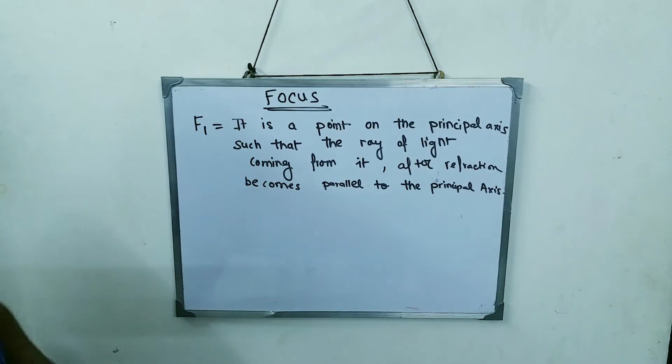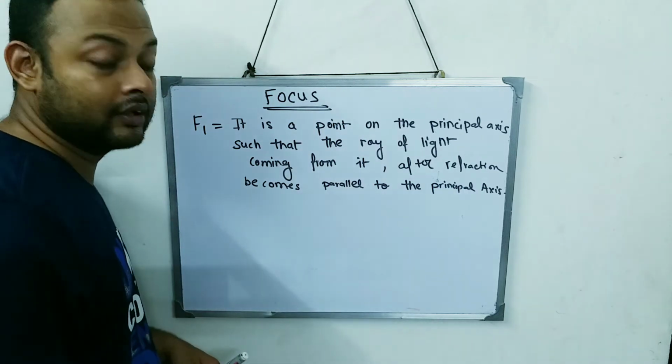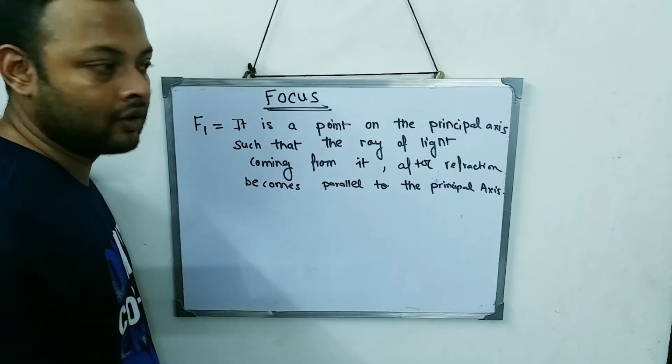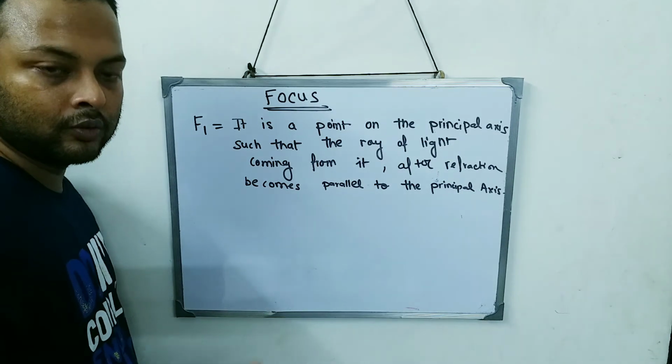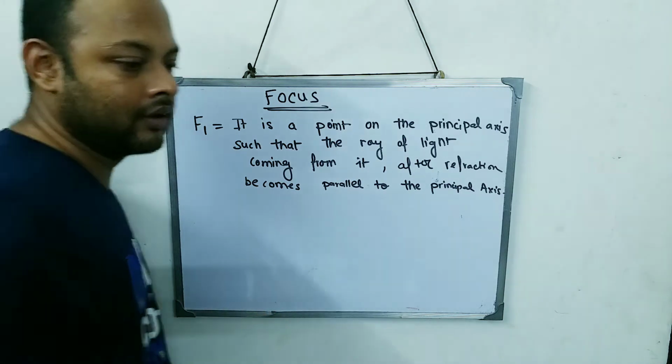Now this definition, obviously the first time you see it, you have no idea, or you happen to get confused by looking at it. So to make it simpler, we follow the diagrammatic way, which I always prefer.